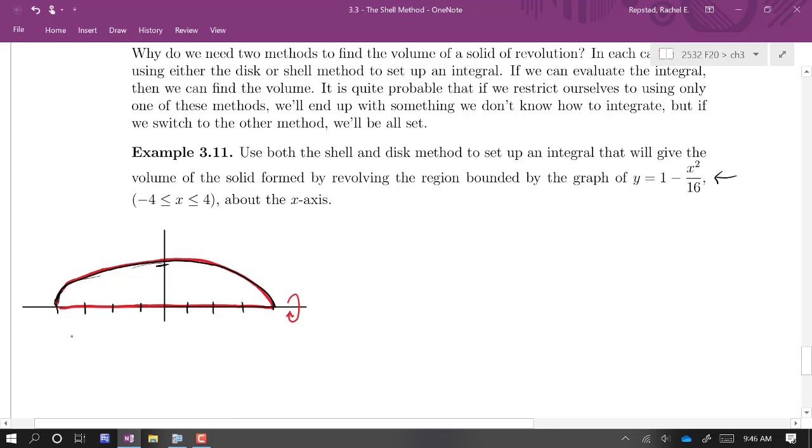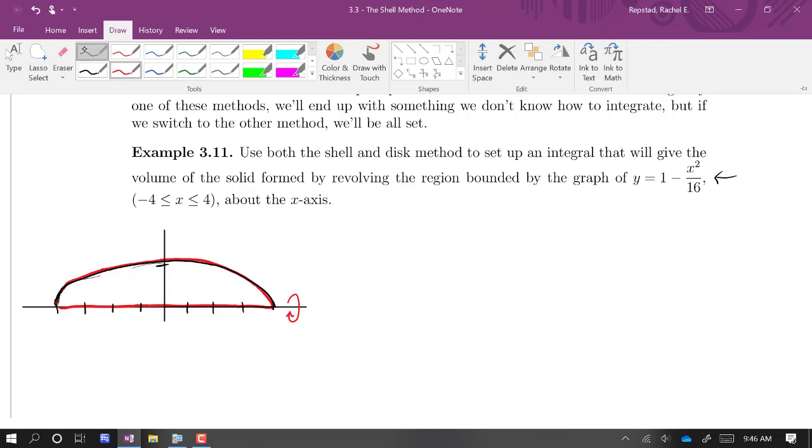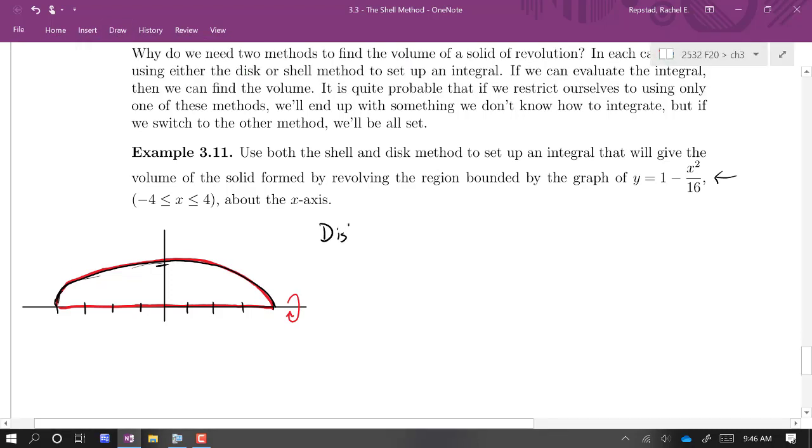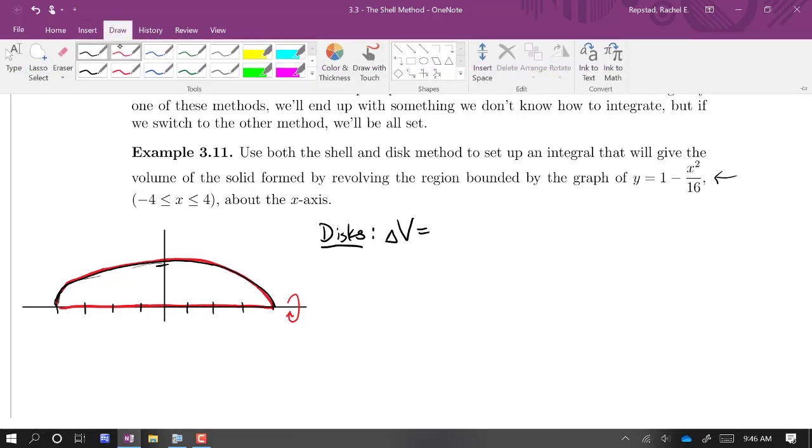But now with disks, our sample disk, think about what kind of rectangle we'd have to draw to end up with a disk. We're revolving about a horizontal axis. With disks, your rectangles have to be perpendicular.